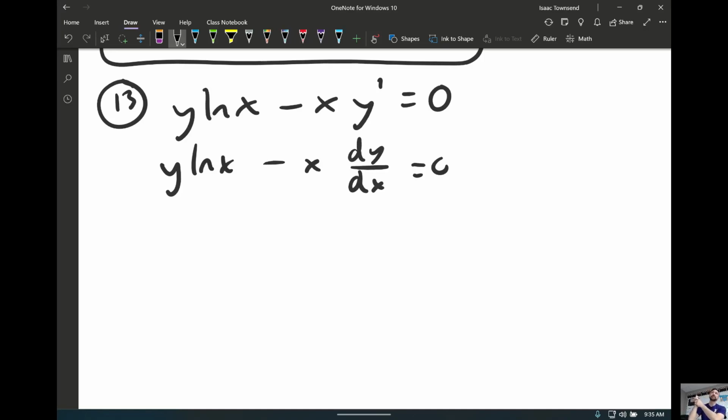Okay, and then we need to separate the variables. This looks to be a little bit harder on this question, so I want you to try that part. You try to separate the variables on your page.